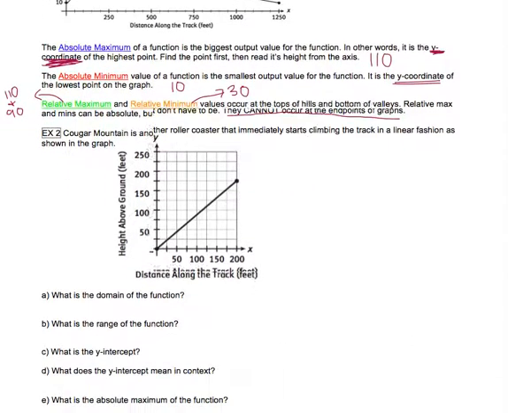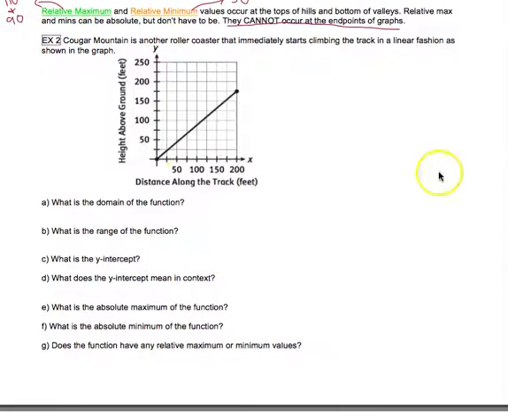All right, so now it is time to apply what you've learned in the example I went through in a new example. So this says Cougar Mountain is another roller coaster that immediately starts climbing the track in a linear fashion as shown in the graph. So this time we don't have curves connecting, we have a line. So some of these key features I'm going to do, and some of them I'm going to ask you to fill in.